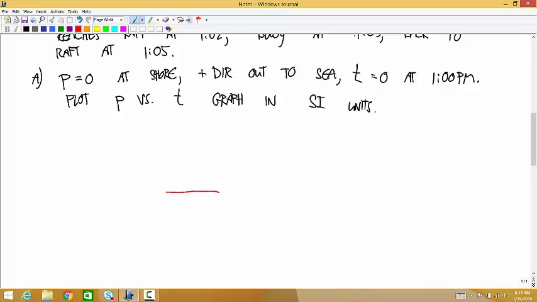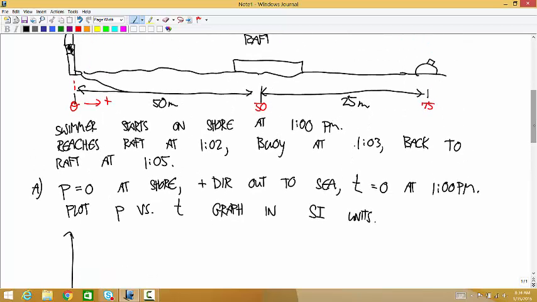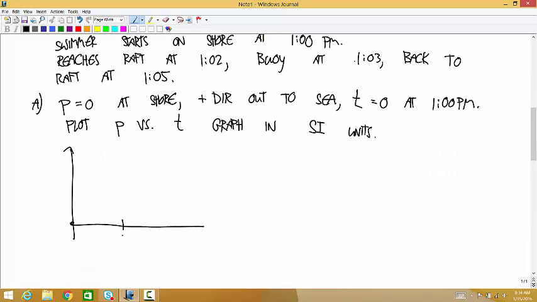And so he starts at 0, goes to 50 after 2 minutes, so 120 seconds. So the key positions are going to be 0, 50, and 75.